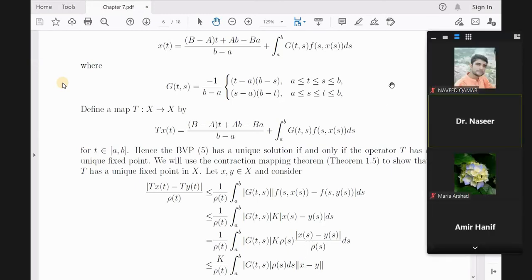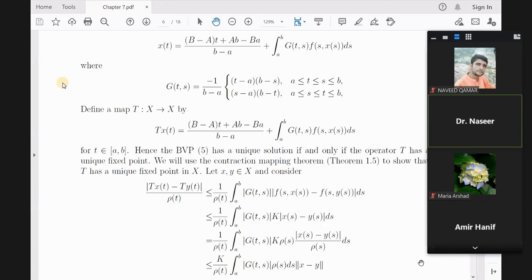So this is k over rho(t) integral from a to b |g(t,s)| rho(s) ds times the norm of x minus y.